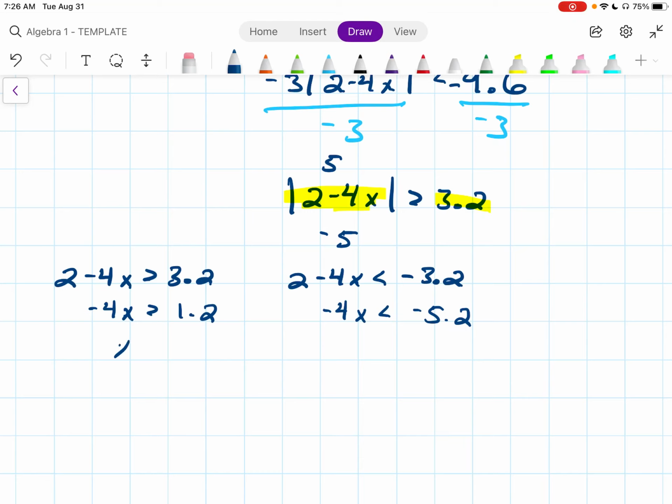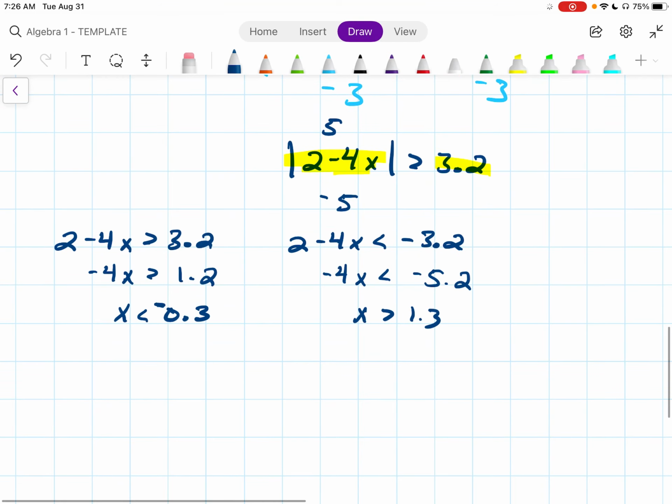I'm going to have x is less than negative 0.3, and on the right side, 5.2 divided by 4 is 1.3, so x is greater than 1.3. You have to swap the sign of your inequality because you divided by a negative, and this is an or.